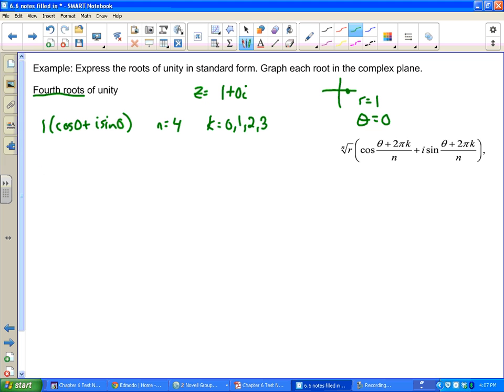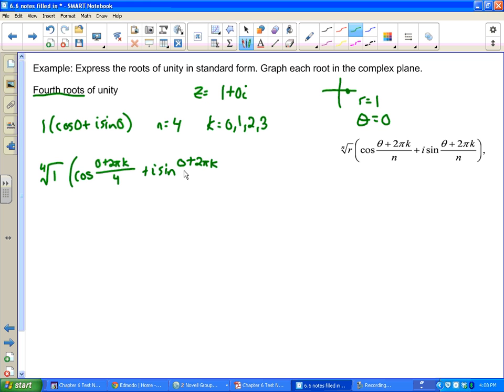So the fourth root of 1 times cosine of (0 plus 2 pi k) over n, where n is 4. The same thing for sine.